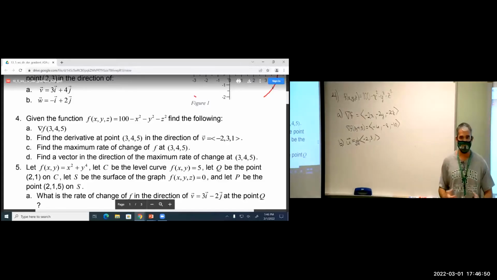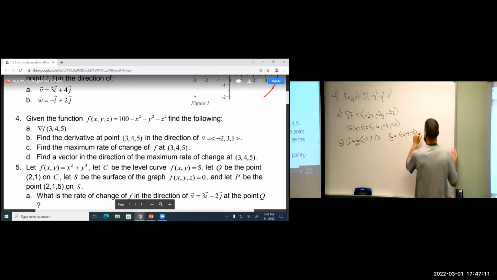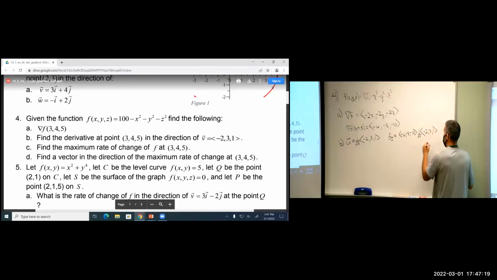The directional derivative is a scalar. The gradient is a vector. Okay, so now for the directional derivative, f in the direction of u, we have our gradient, -6, -8, -10, dotted with -2, 3, and 1.